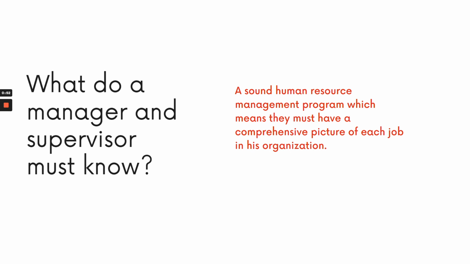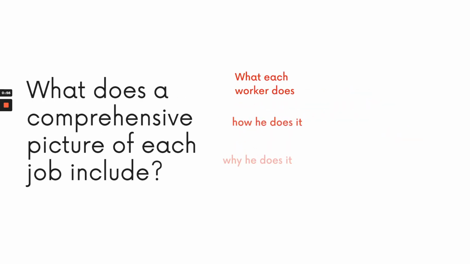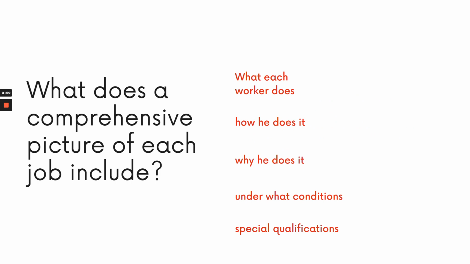When we say a comprehensive picture of each job, it means they have to know what each worker or employee does, what they do every day, how he does it, why he does it, under what conditions, and with what special qualifications.